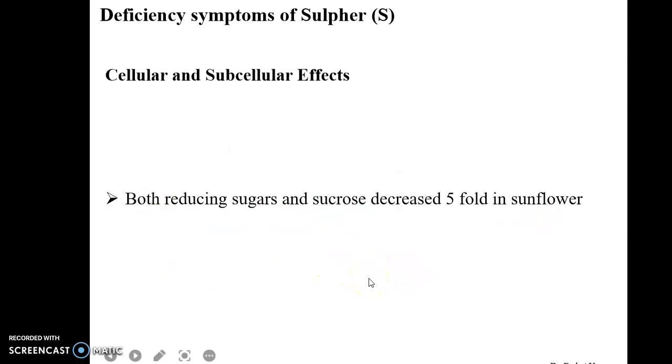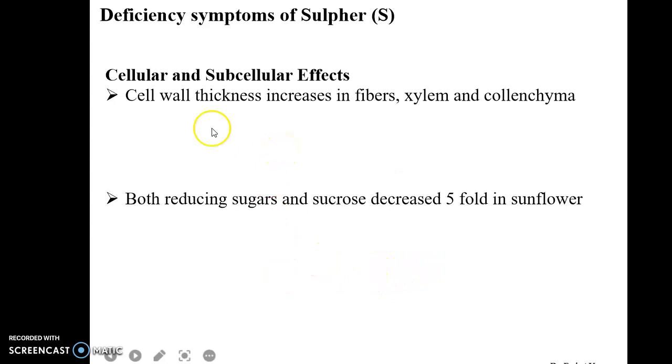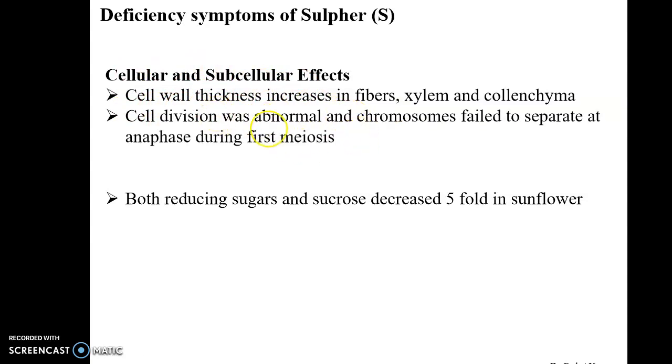At the cellular and subcellular level, cell wall thickness increases in fibers, xylem and collenchyma, and cell division is abnormal, with chromosomes failing to separate at anaphase during the first meiosis in case of sulfur deficiency.